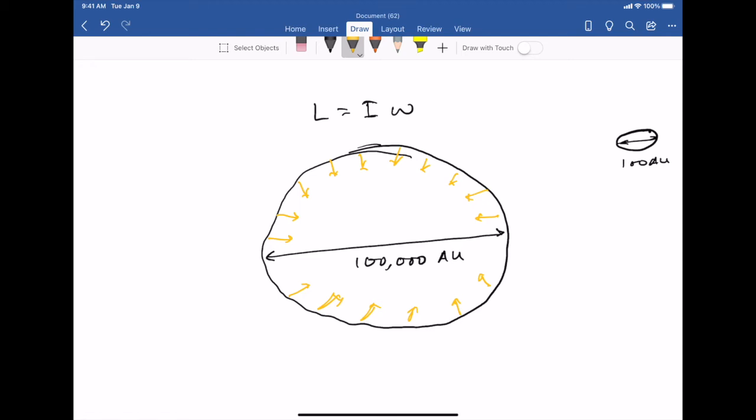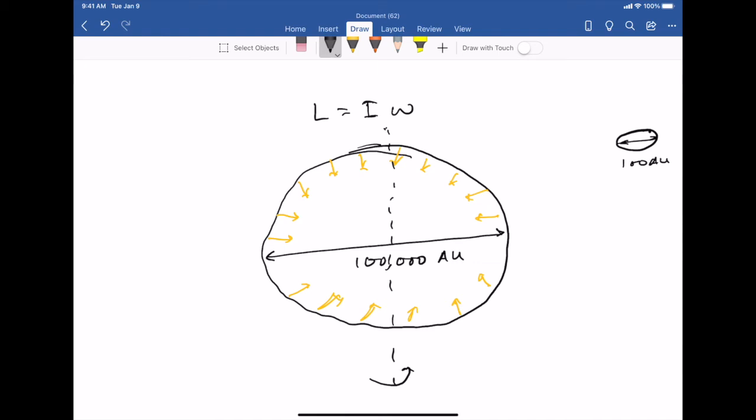Now, what's going to happen to that rotation rate as the cloud collapses? Let's say that the original rotation that the cloud had was around this axis. So the cloud was rotating around this axis in the beginning as the collapse began.